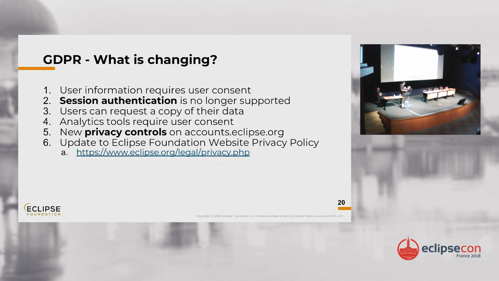With the GDPR, on the accounts.eclipse user profile website, we also have new privacy controls, so people can opt in to show information, and we updated our website privacy policy.